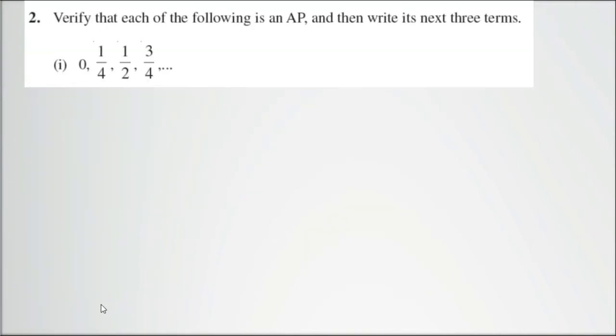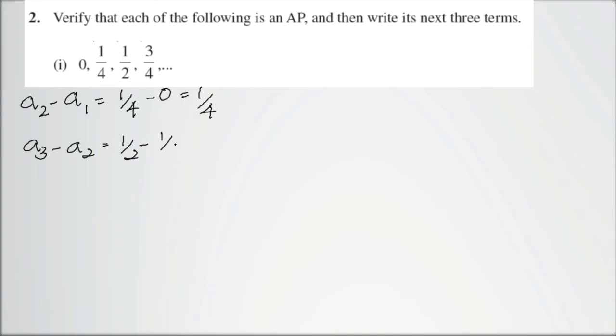The second main question is to verify that each of the following is an arithmetic progression and write its next three terms. We need to first identify whether it forms an arithmetic progression or not. For that, I will carry out a2 minus a1, which is 1 by 4 minus 0, nothing but 1 by 4. a3 minus a2, which is 1 by 2 minus 1 by 4.